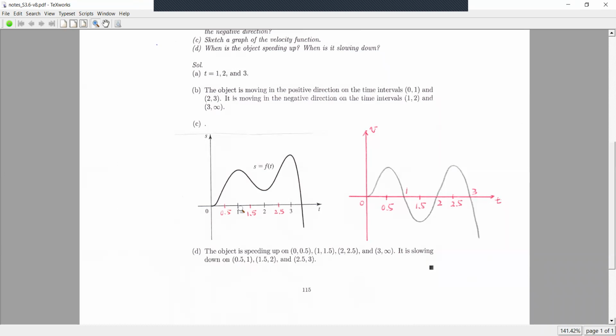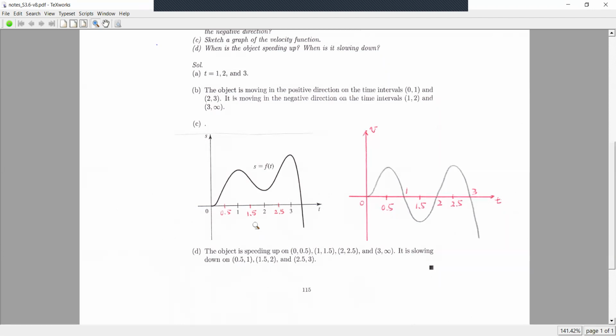Between 0 and 1, the slope of the tangent line at any point is positive. So the graph of the slope between 0 and 1 looks like this curve. Suppose the slope is the largest when time is 0.5.